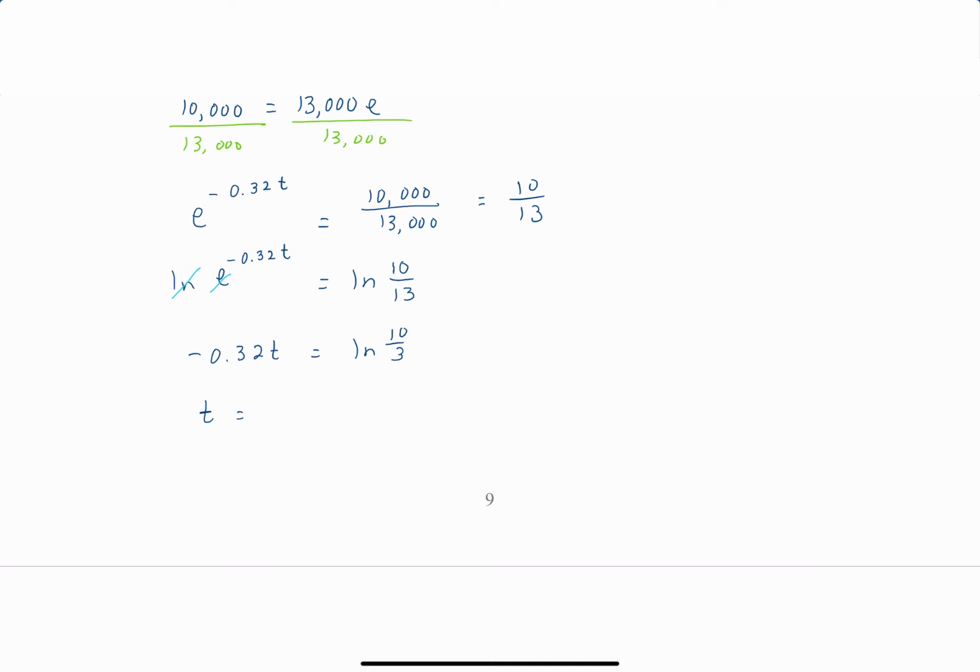So I'll have t = ln(10/13) over −0.32, at which point we grab a calculator and we get about 0.8 weeks. So a little less than a week before the sales drop down to 10,000.